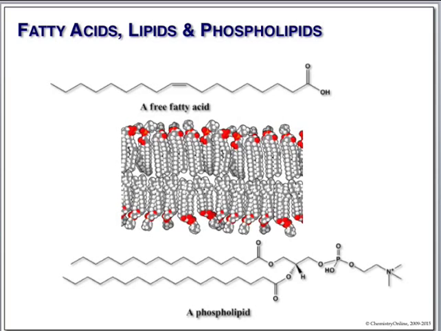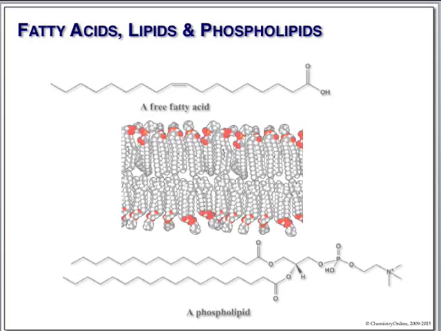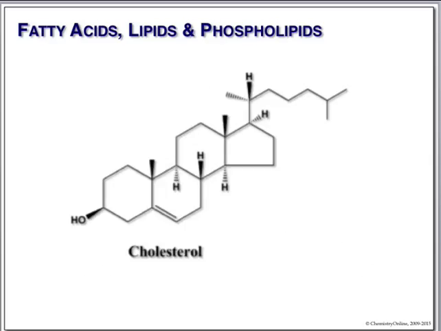We can't very well talk about fats without talking about everybody's favorite thing. This is cholesterol. Now that you know organic chemistry, you can interpret this structure. Again, we have rings. These are all CH2s, CH3s, some hydrogens here, and an OH group.